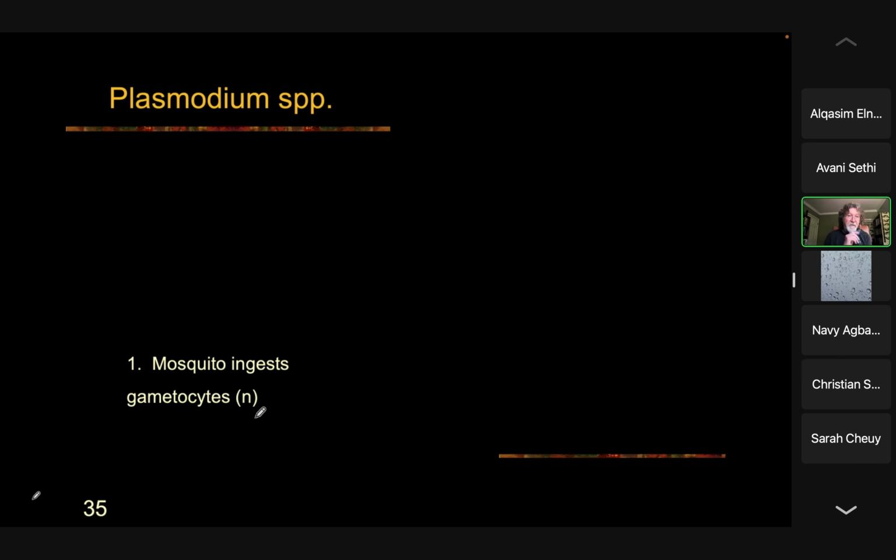Okay, so a female mosquito bites and takes up blood from a malaria patient who happens to have gametocytes circulating in the blood. These aren't inside of any cells; they're in the plasma of the blood. A lot of times, these Anopheles mosquitoes feed at dusk, in the evening, not in the middle of the day.